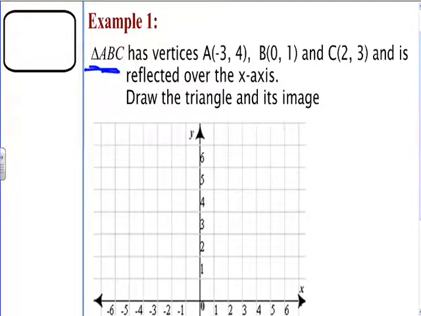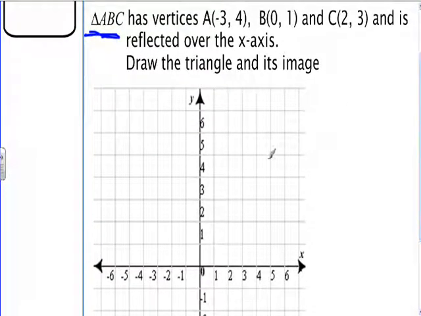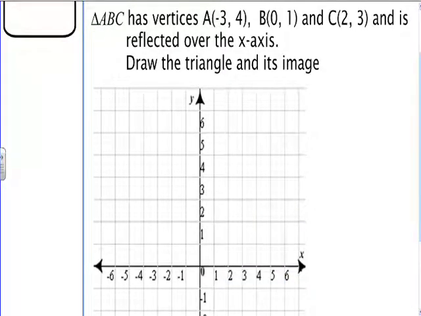That's the original figure. All right, so let's scroll up here so we have a little bit of room. So A is at the point (-3, 4). Let's do blue. So (-3, 4) is that point right there. B is at (0, 1), and C is at (2, 3).